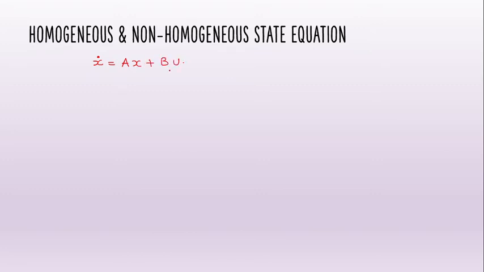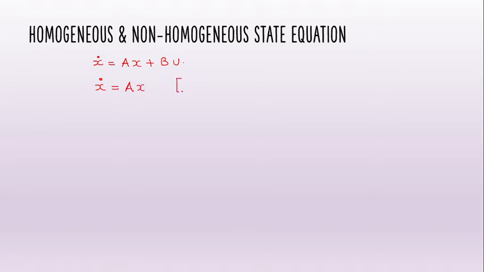Now, if the input to a system is 0, then this dynamic system state equation becomes x dot equal to Ax.